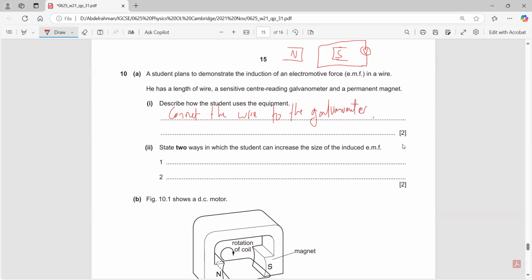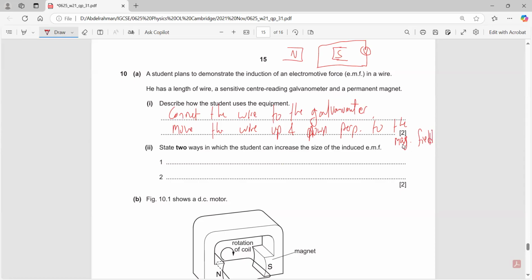Move the wire up and down, perpendicular to the magnetic field.